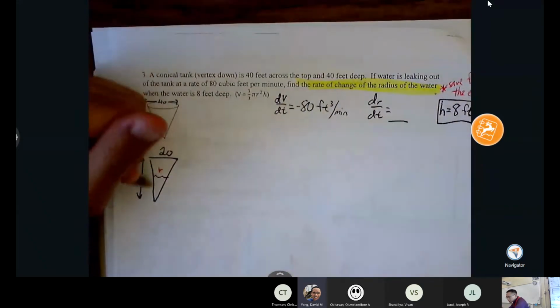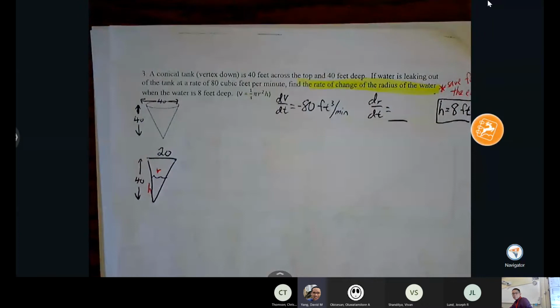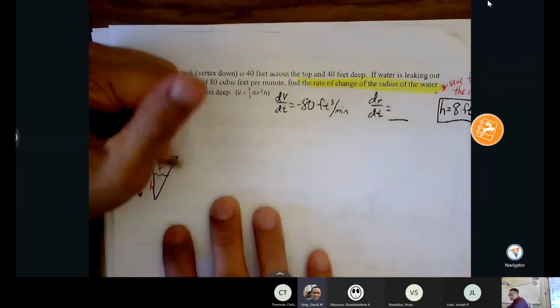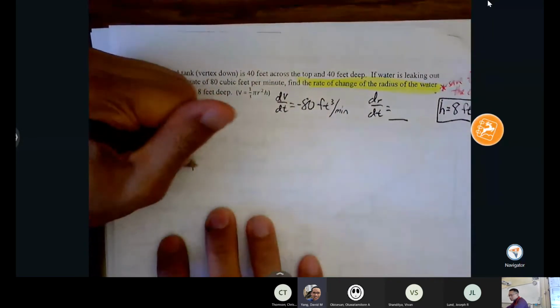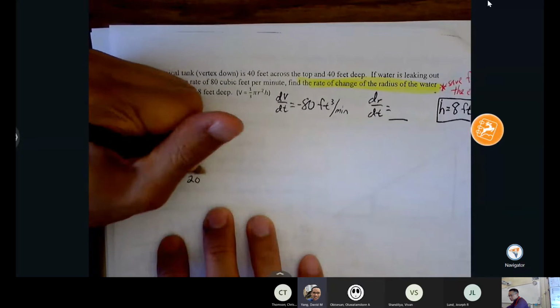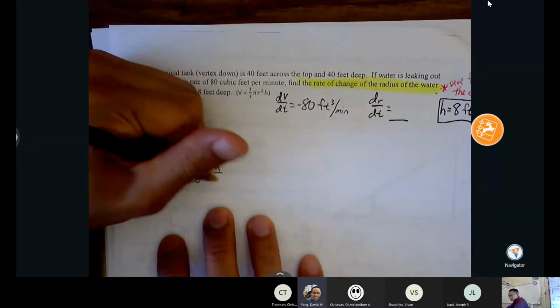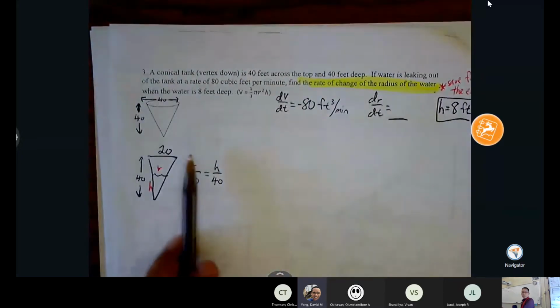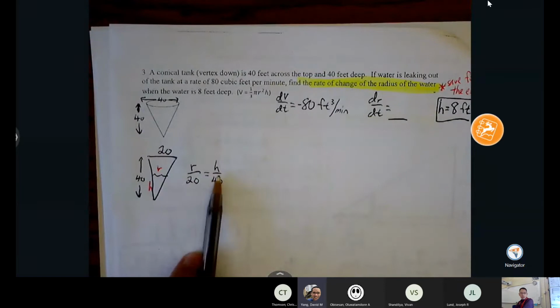Got the R, got the H. So let's build our equation here. Small radius is to big radius as small height is to big height. Cross multiply.